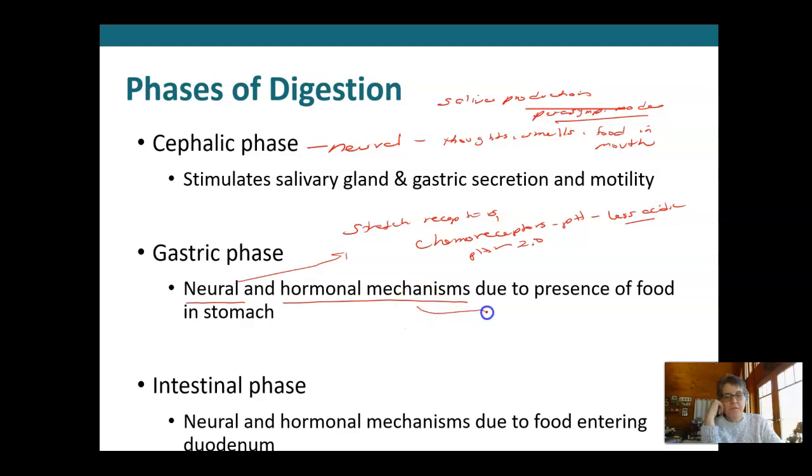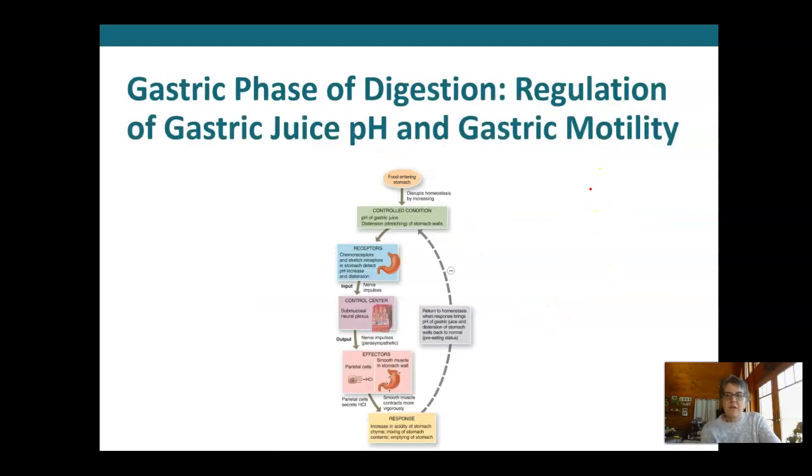Hormonal, the main hormone we're going to talk about is gastrin, coming off of those gastric pits. So for the neural part, when food is entering the stomach, the stomach is stretching and the pH has become less acidic, pH is increasing, and that is detected by cells in the stomach.